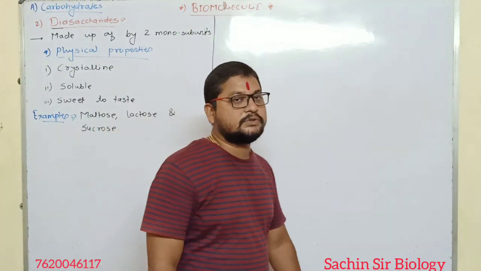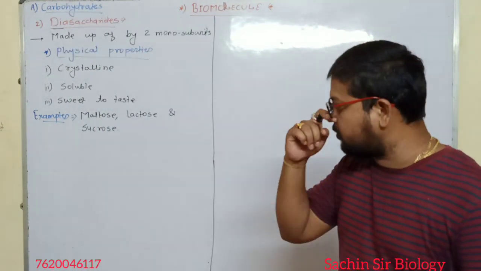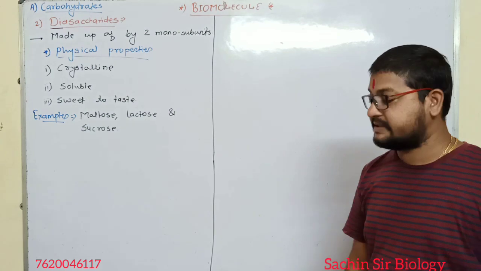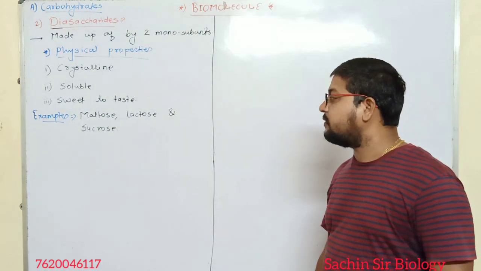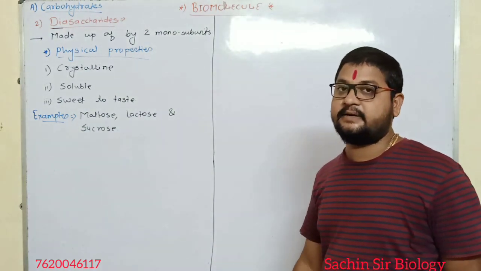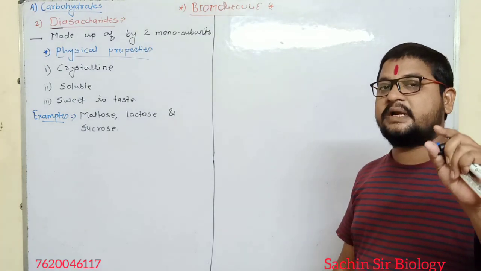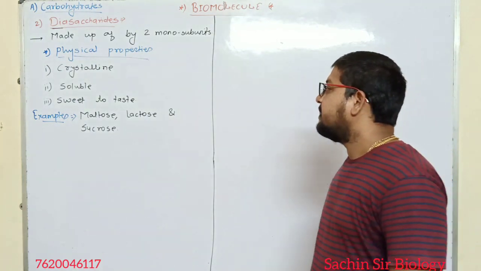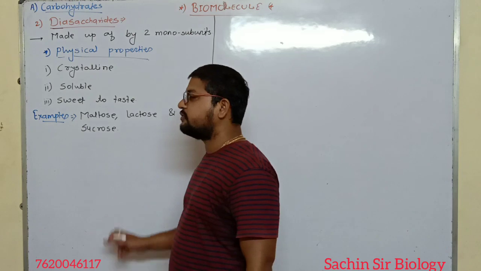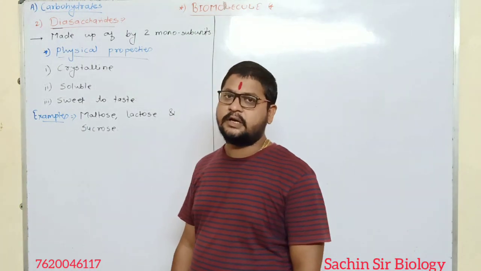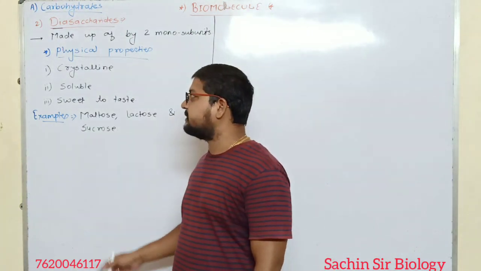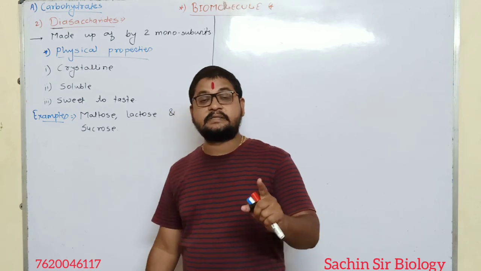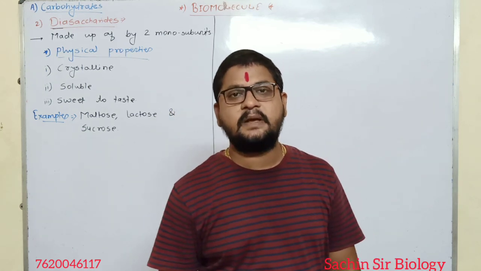Maltose, lactose, and sucrose are mostly found in the living system, and out of these three disaccharides, I am telling you one interesting fact. Maltose and lactose are called reducing sugars, but sucrose is a non-reducing sugar.